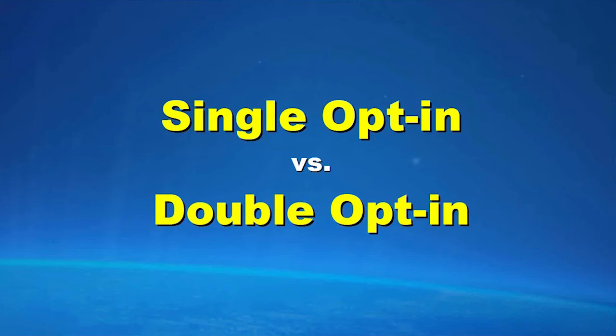So double opt-in is always better than single opt-in. It seems like when we start doing email marketing, we get into this mentality of wanting as many names as we can get, thousands and thousands of names to mail to. But you've got to think, thousands and thousands of garbage names are not going to be very effective.